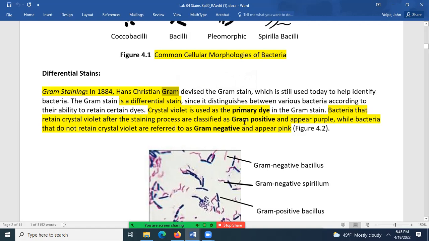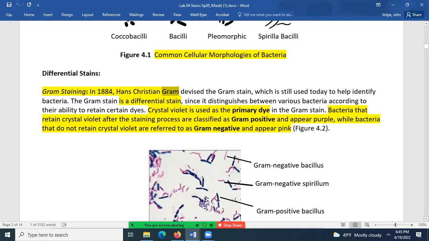But bacteria can lose the purple color, and they lose it with the decolorizing step. And these cells we call gram-negative. We then color these cells which lost the purple color with safranin, and then they appear pink.